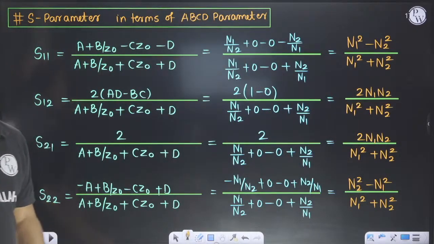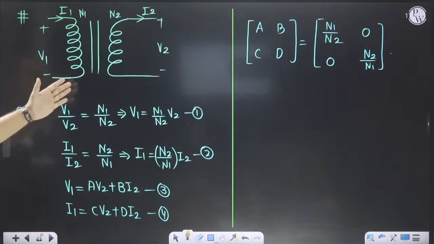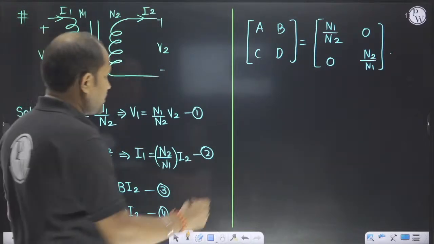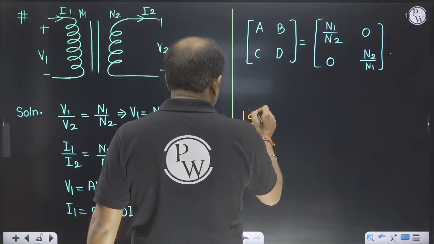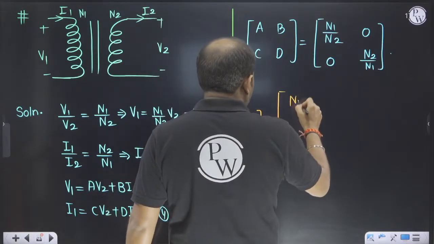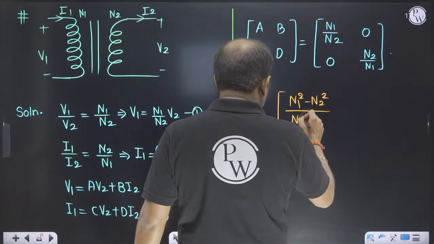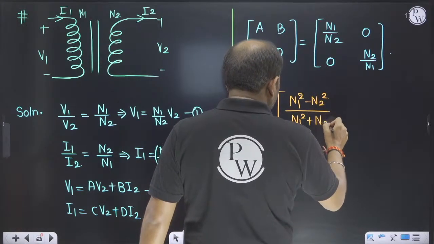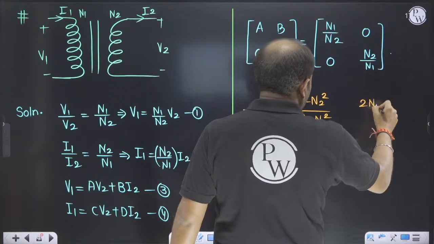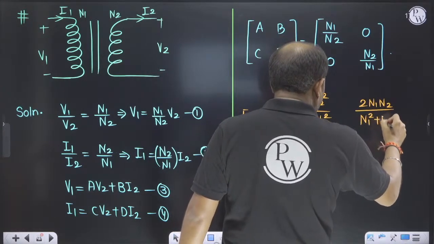So you have calculated the value of the S parameter in terms of which parameter? In terms of number of turns. So for the transformer, the S parameter will be N1 square minus N2 square divided by N1 square plus N2 square, and 2N1 N2 divided by N1 square plus N2 square.